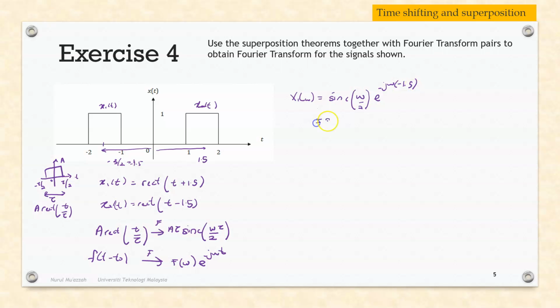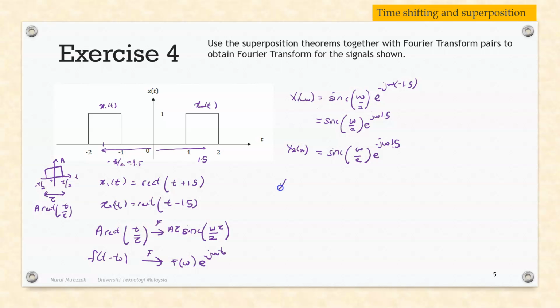So this one will become sinc(omega over 2) exponent j omega 1.5. Okay, for the second one, X2(omega), again we get sinc(omega divided by 2) exponent negative j omega 1.5, because the t naught here is 1.5.